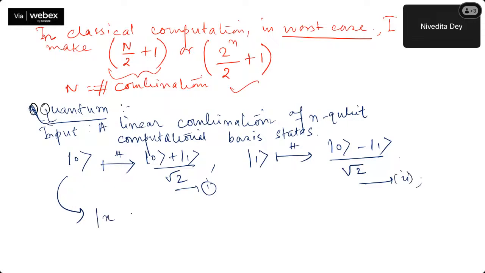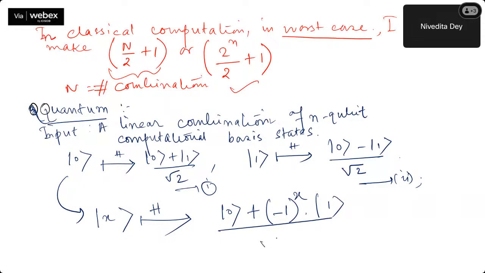If x represents either 0 or 1, can I just write that x on Hadamard will give me |0>, which has no phase associated with it, and minus 1 to the power x times |1>, by root 2? Yes, you can write it, because if x equals 0, then it is (|0> plus |1>) by root 2. If x equals 1, it is (|0> minus |1>) by root 2. So this is a more general form of representing the basis state to the Hadamard form of that basis state.